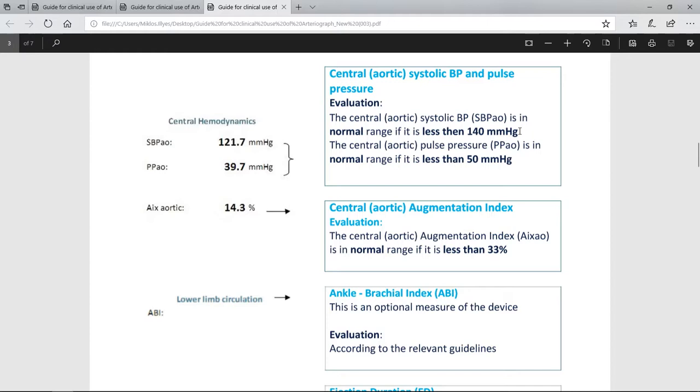Higher than 140 mmHg, the central blood pressure is significantly prognostic for later developing cardiovascular outcomes.